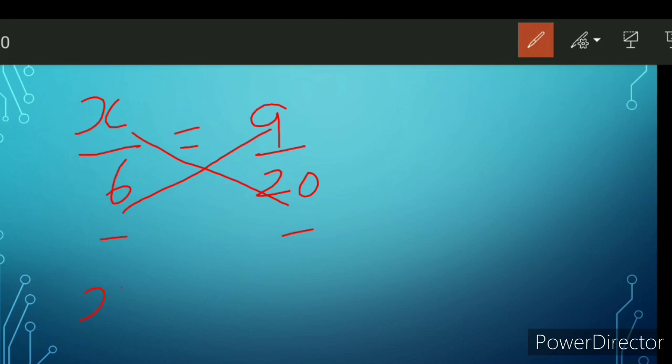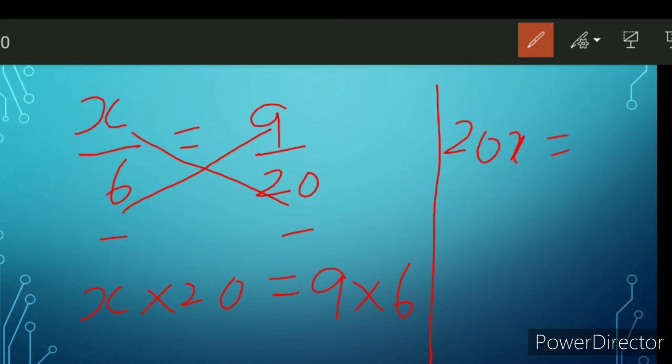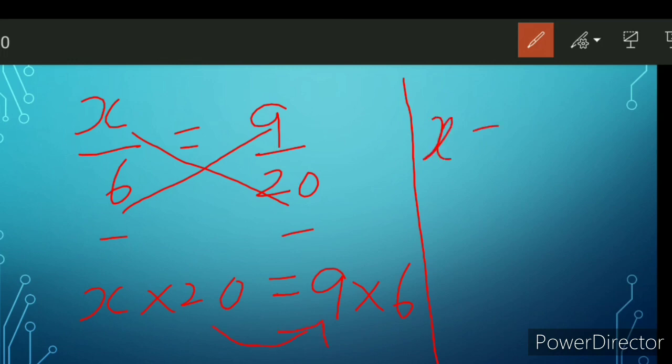That time x into 20 is equal to 9 into 6, in the product form. 20x equals 9 into 6, 54. Like this you can multiply, or else I will keep it in the product form only and simplify. See, 20 I bring to the denominator: x equal to 9 into 6 by 20.